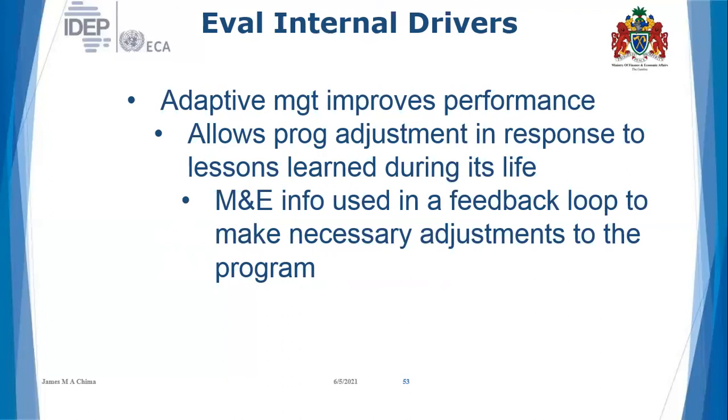And here we see how vital a monitoring and evaluation system is, one that avails information that is systematic, used in a feedback loop to make necessary adjustment to the program.